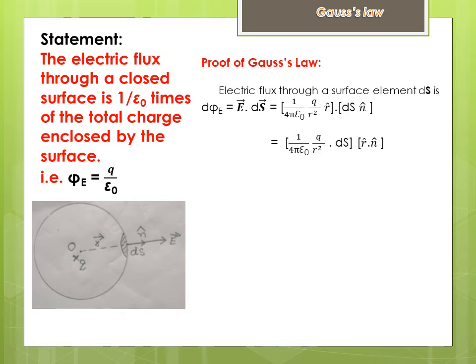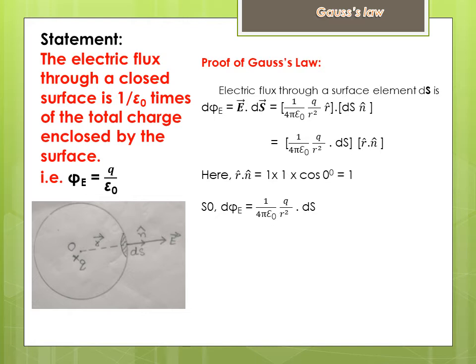Here the r cap and n cap are in the same direction, so their dot product will be 1. So the value of d phi E is equal to 1 by 4 pi epsilon naught q by r square into ds.